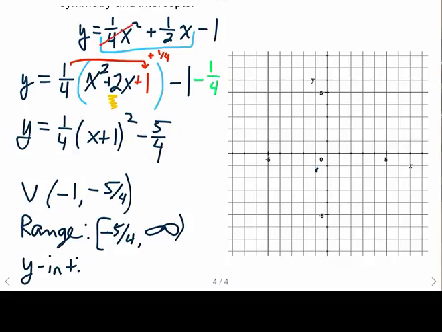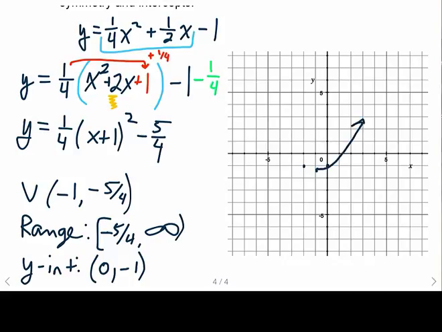If x is 0, then the first term is 0, the second term is 0, and I pick up just the negative 1. Therefore, the Y-intercept is going to be 0, negative 1. I can plot that point there, and then I can use the symmetry to plot the point negative 2, negative 1.